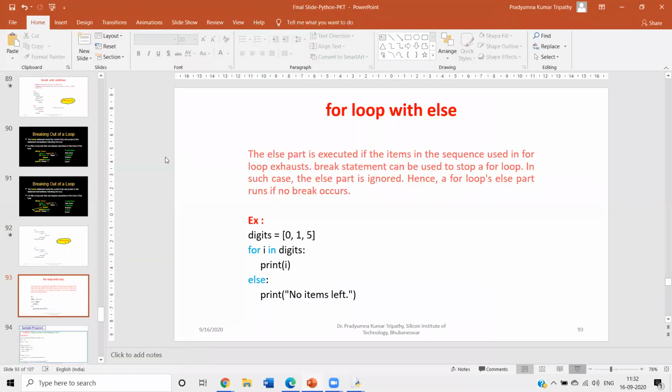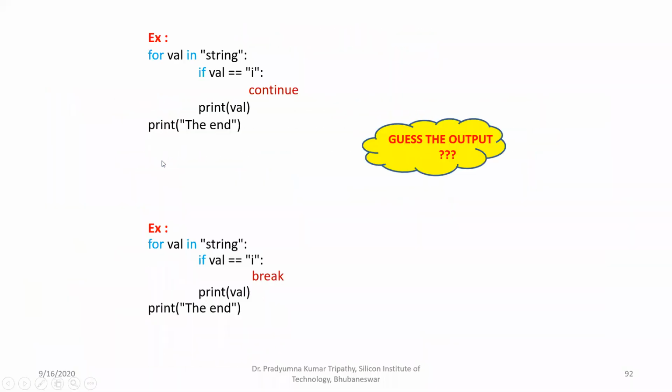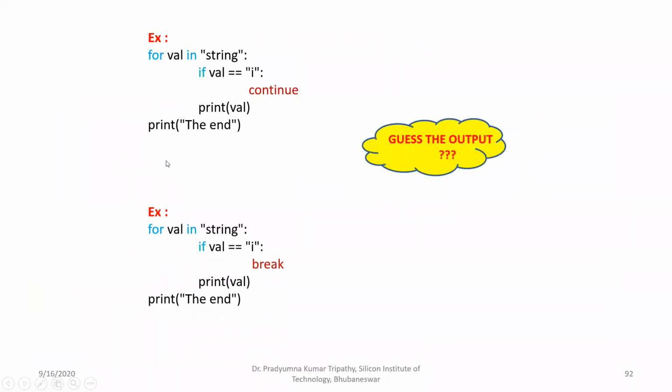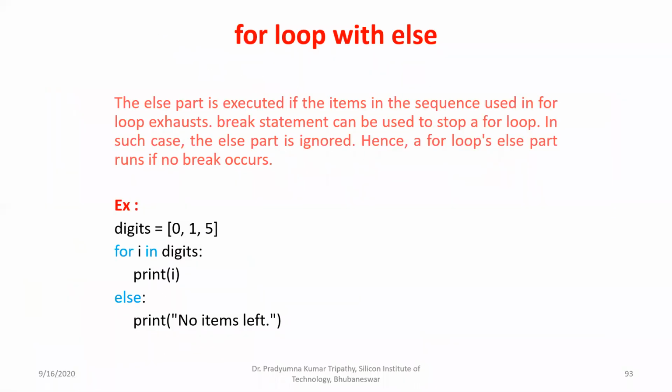Now, this is about the for loop and while loop. In some cases, it is not exactly in practice, the else statement may be used with a for loop. That is not there in any other language. We do not find this else condition in a loop.